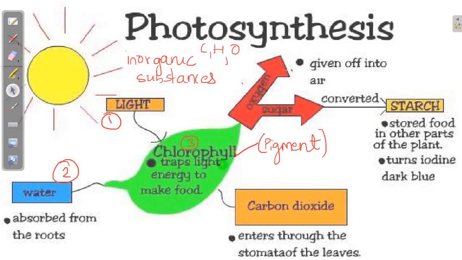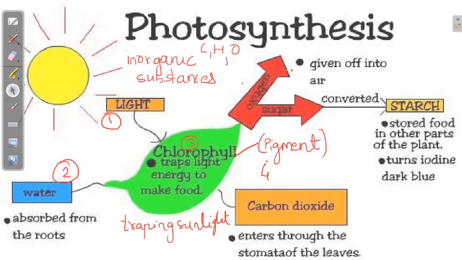Chlorophyll. Please remember chlorophyll. What is the function of chlorophyll? It traps sunlight and then converts the energy to make food. Trapping means absorbing the light from the sun.